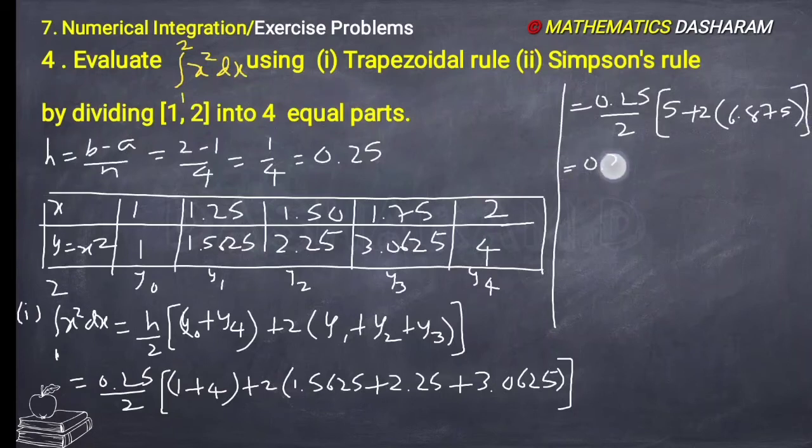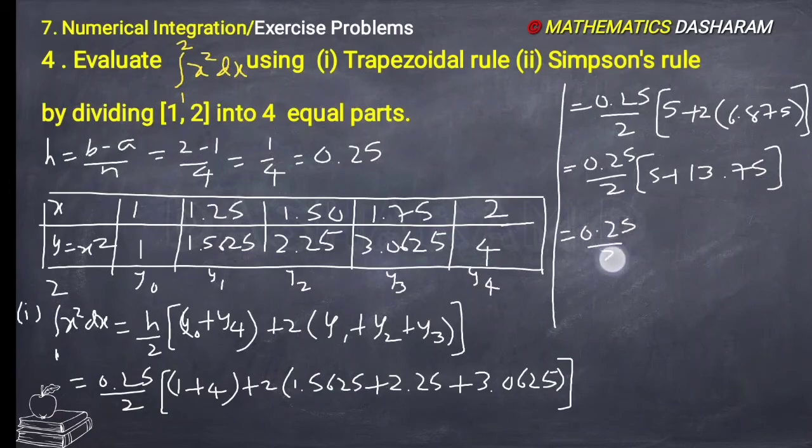So 0.25 by 2, 5 plus 2 into 6.875 is 13.75. So 0.25 divided by 2, 5 plus 13.75 is 18.75.